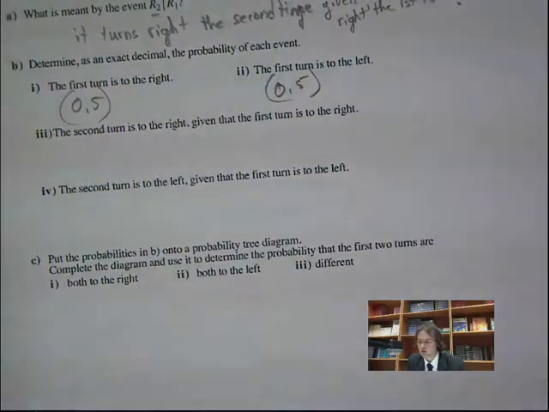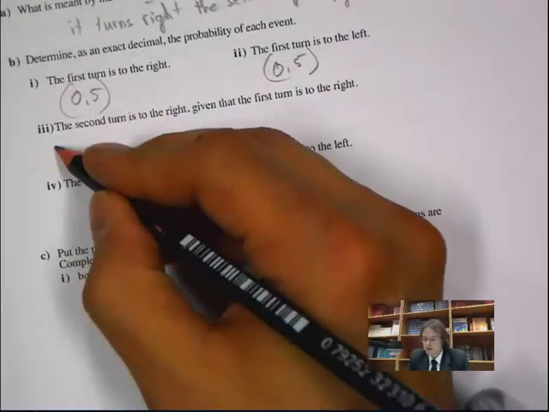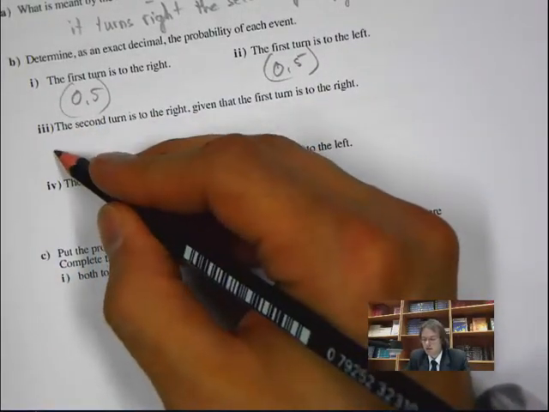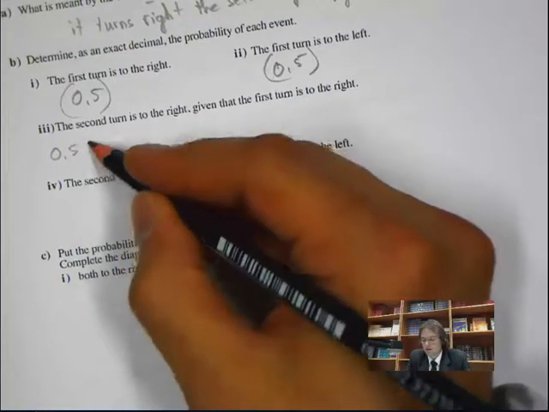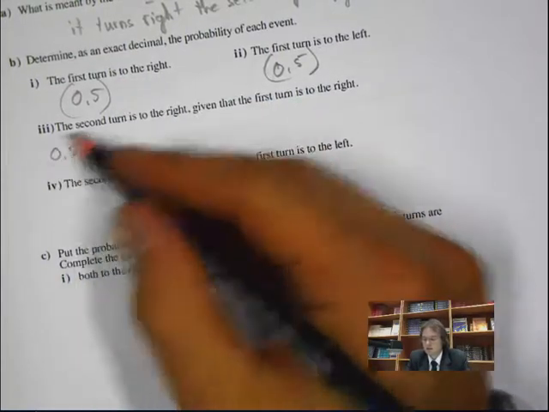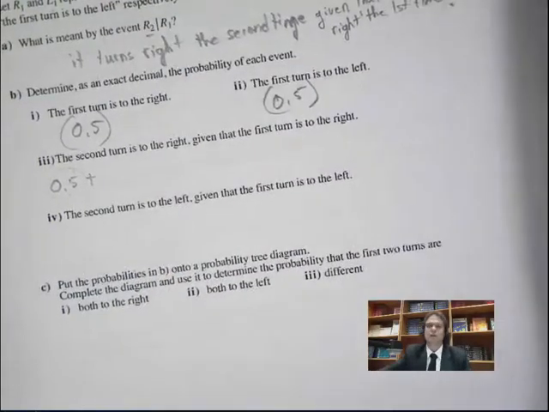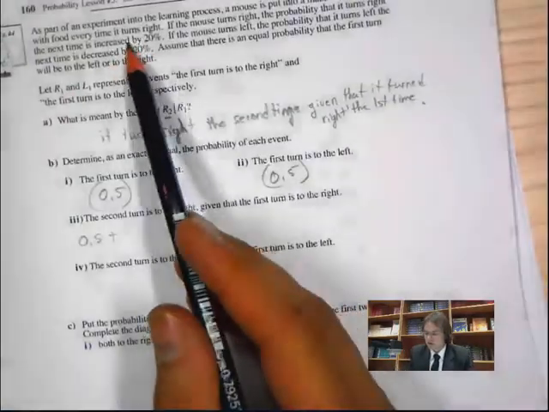So the second turn is right, given that the first turn is right. So the second turn is right, so that is 0.5 plus, because it's the probability of the first turn, plus 20%. Oh, I'll zoom out here so we can see this. It's the probability of the first turn, right, plus 20%.